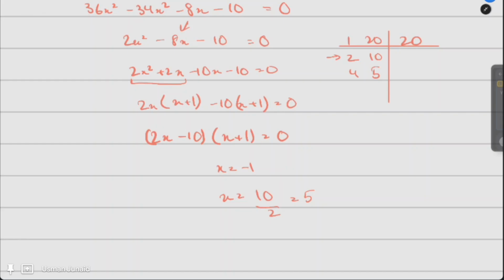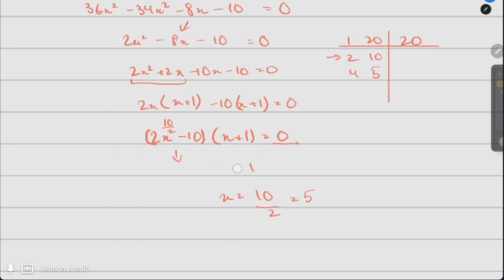Why? Because if you put minus 1 here, this equals 0. So whatever multiplies with this is 0. One of these values has to be 0 so that you get 0 here. If you put 10 over 2 here, this becomes 0. So this multiplies by this and you get 0. Does that make sense?